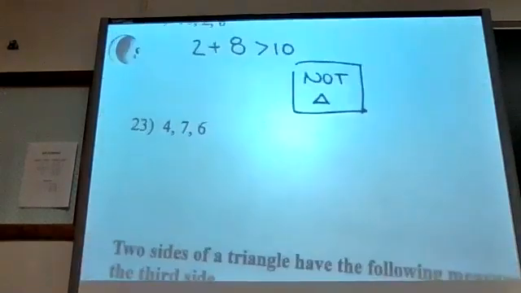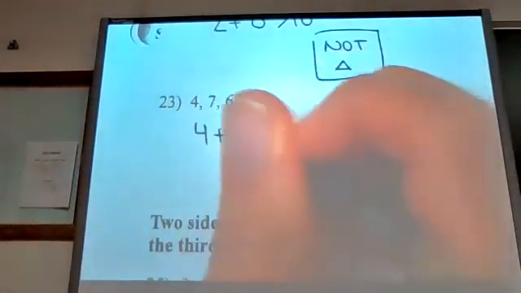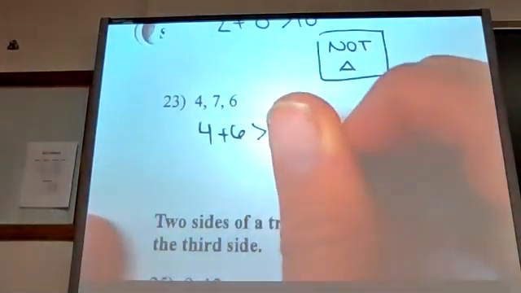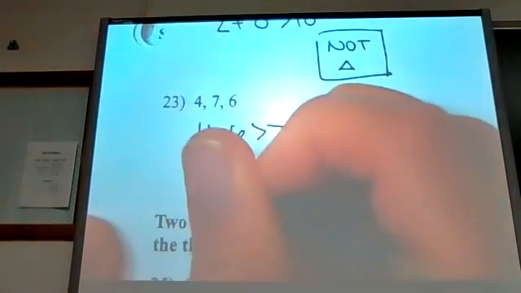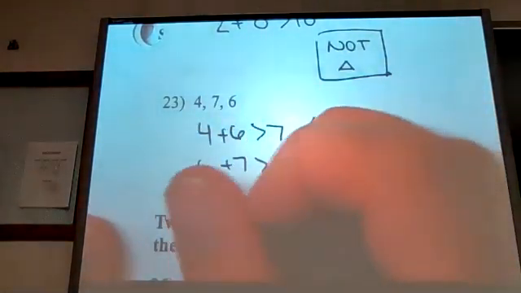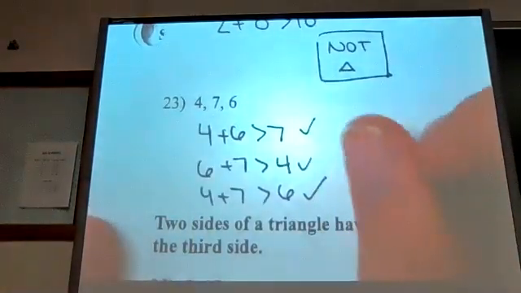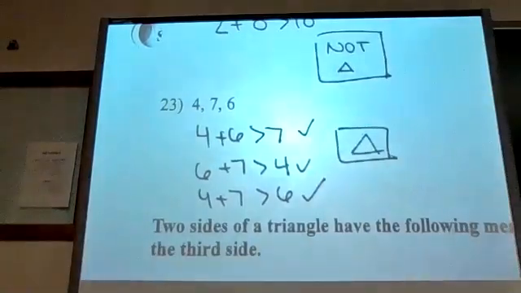On 23, two smaller sides would be 4 and 6. So 4 and 6 greater than 7, does that work? Yep. And then 6 and 7 would also be greater than 4, and 4 and 7 would also be greater than 6. It works every way I look at it. This can be a triangle.